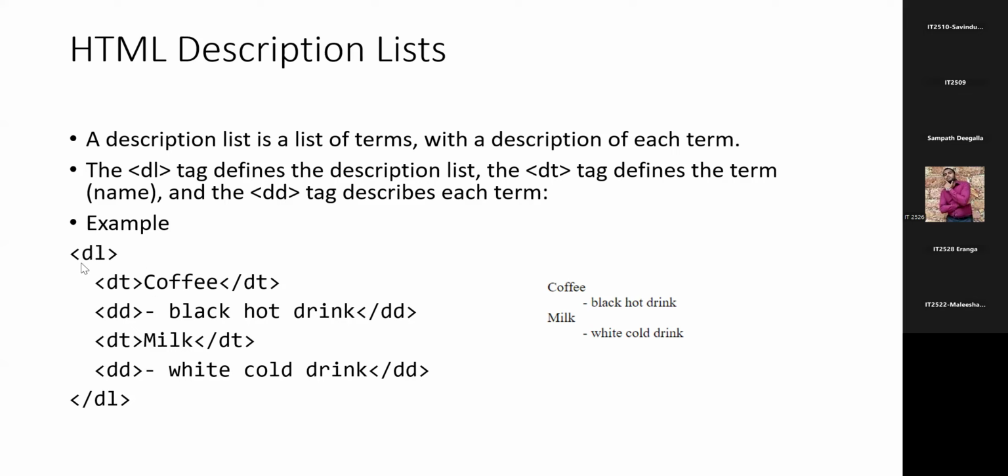So this list starts with DL and ends with DL, and each term we can define using DT, and each item we say DD. This is called description term and description definition. So DT and DD, right?